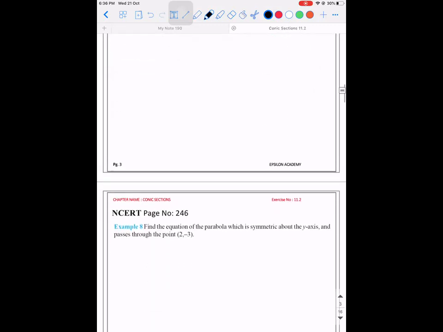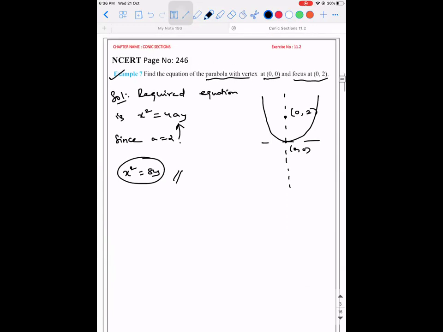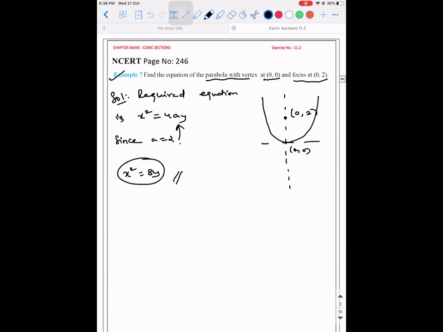I have a doubt. Yeah, tell me. You can directly find it using only the focus, no, sir? Why is the vertex given? No, the vertex is important. The parabola which has the vertex at the origin is the only one this tells you.